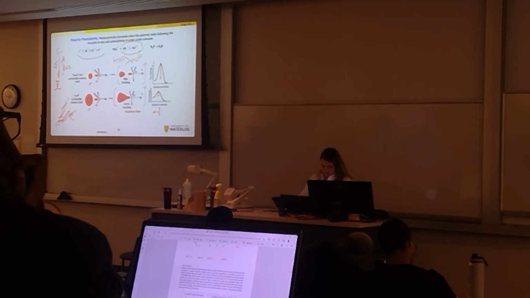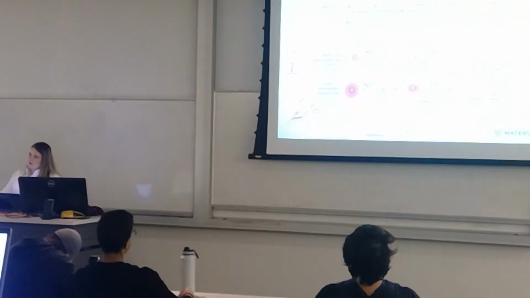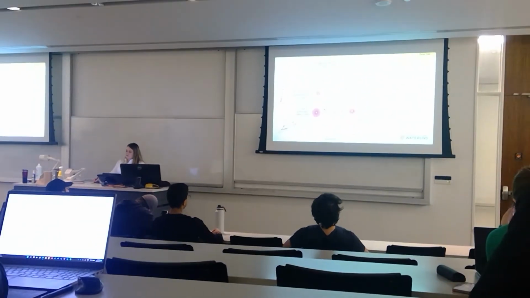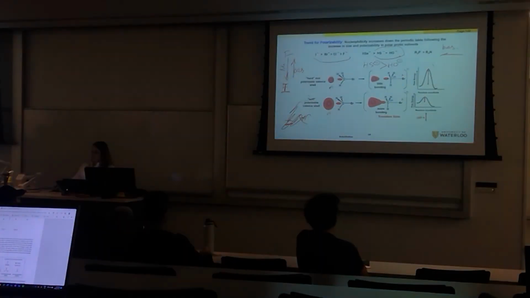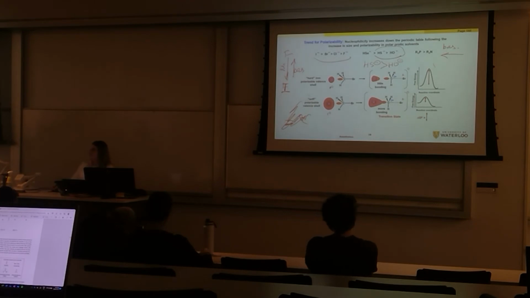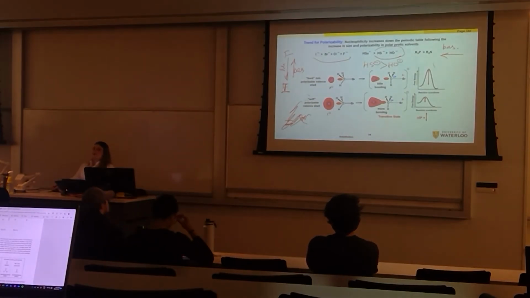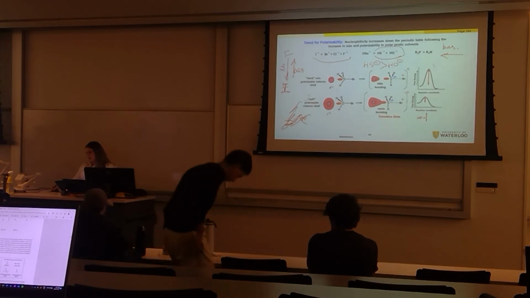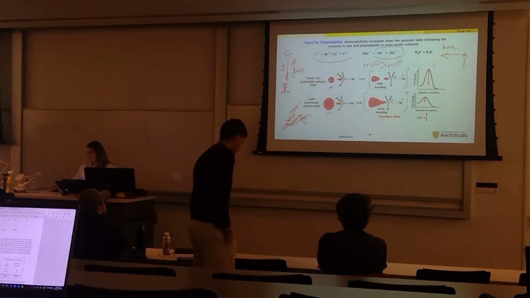Let's disregard steric hindrance right now. For bases, it would be from right to left, so your F minus would be a weaker base compared to C minus. And it would be from bottom to top.